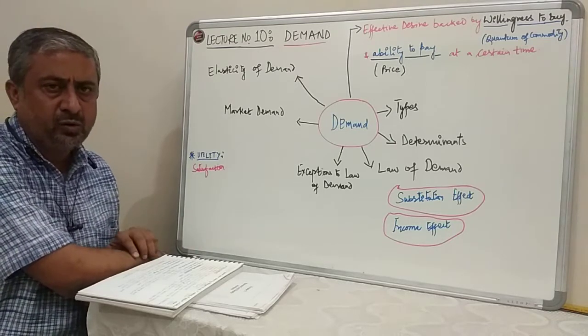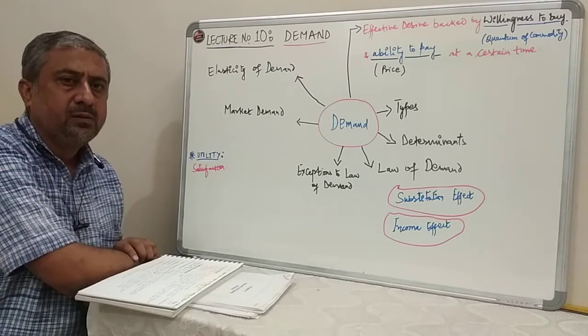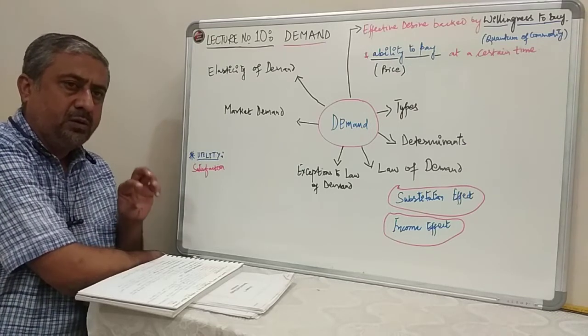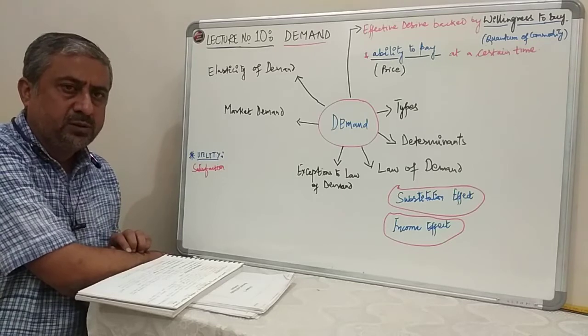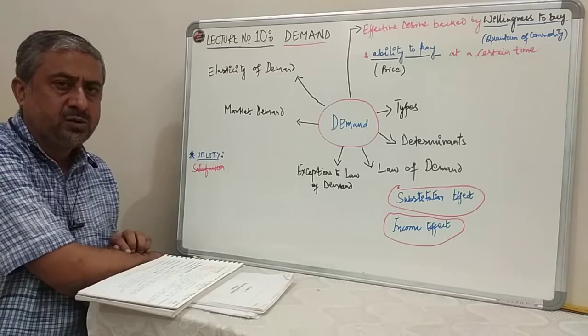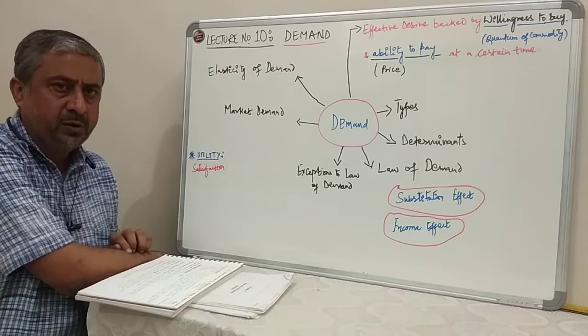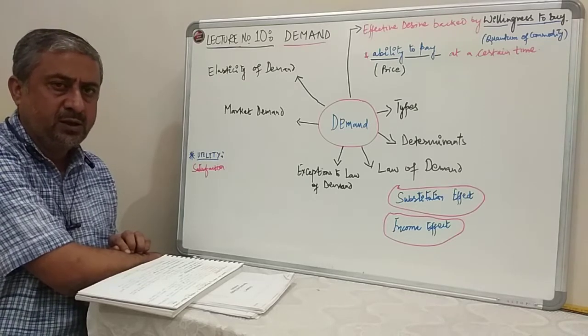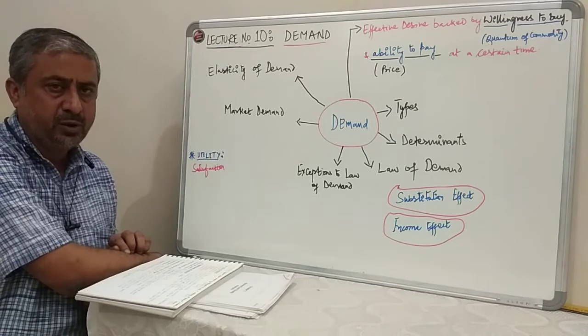That product is not going to have demand. Right? So, for a certain product, commodity, goods, service to have demand, it should fulfill two criteria: willingness to buy and ability to pay at a certain price.